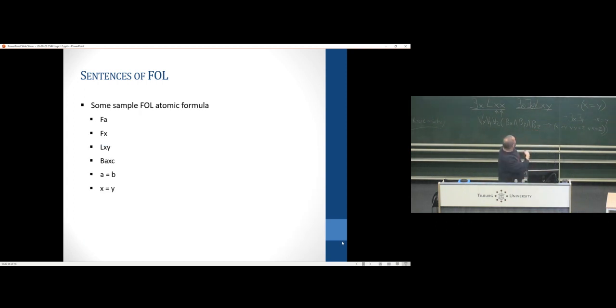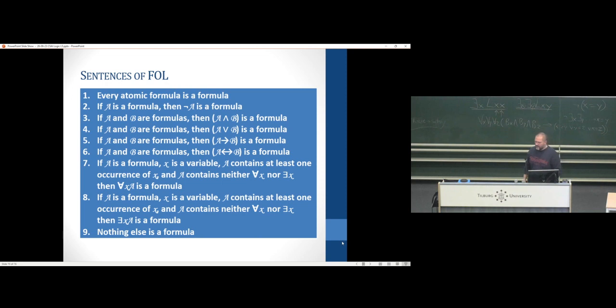So to give you some sample atomic formulas, nothing shocking here. Now I can give you a lovely, beautiful little 9-clause definition, where we characterize the notion of formula. Every atomic formula is a formula.